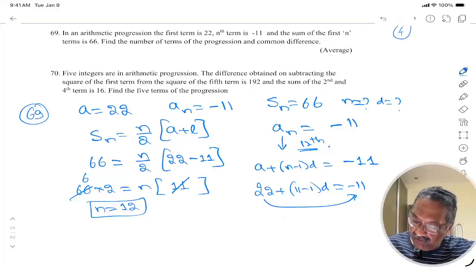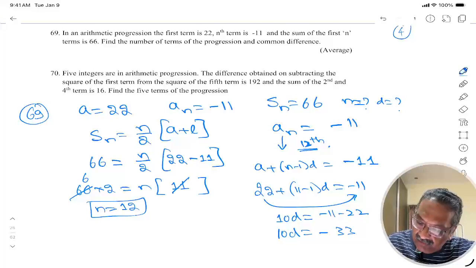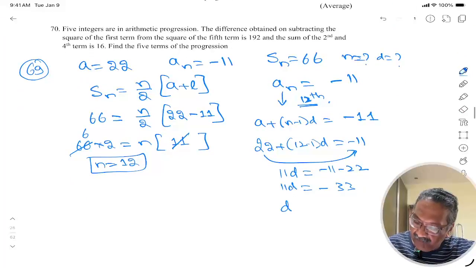Sorry, this is the 12th term. 12th term means this becomes 12 minus 1 d, or 11d is equal to minus 33. So, d is equal to minus 33 by 11 is equal to minus 3.